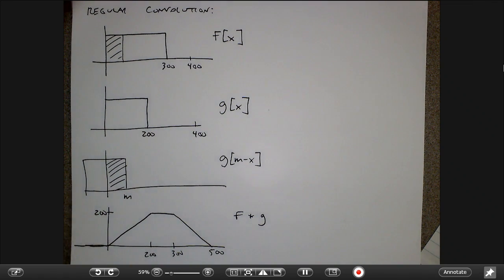Like I just told you with those real images, though, in the discrete world, we're assuming that everything overlaps periodically, okay?